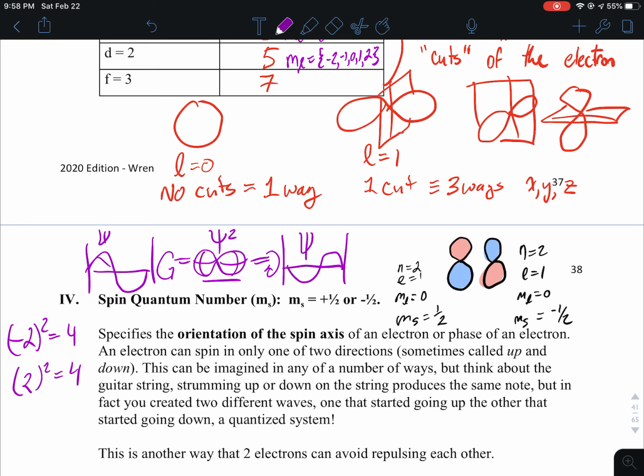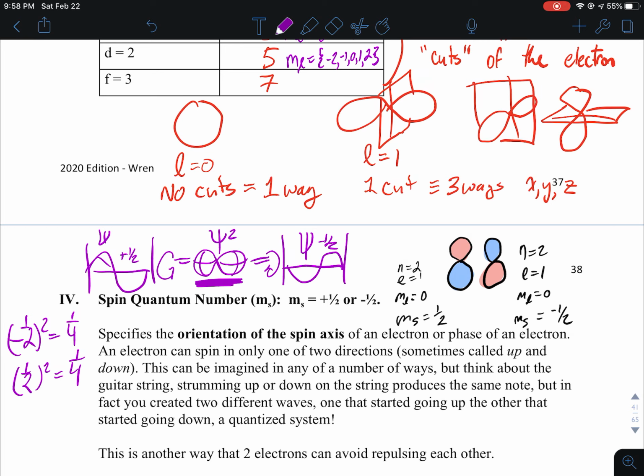And if you took +2 squared, that would be 4. In this case, we're going to talk about 1/2. This could be +1/2, and this is -1/2. Otherwise, all the other values are the same. And so when they are squared, they get the same result.